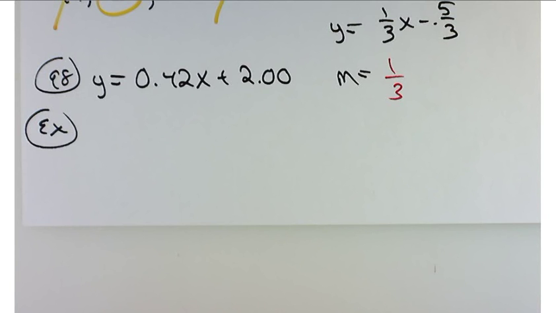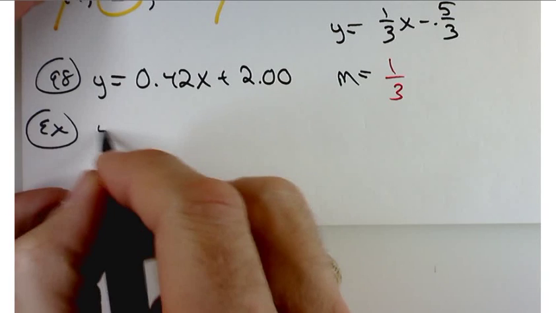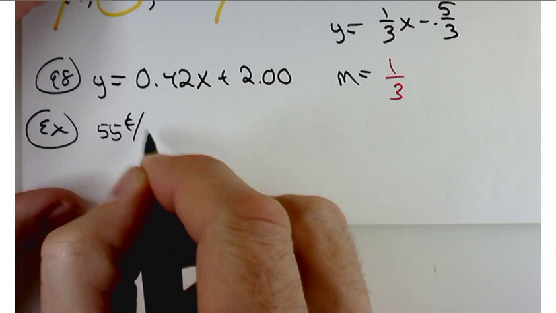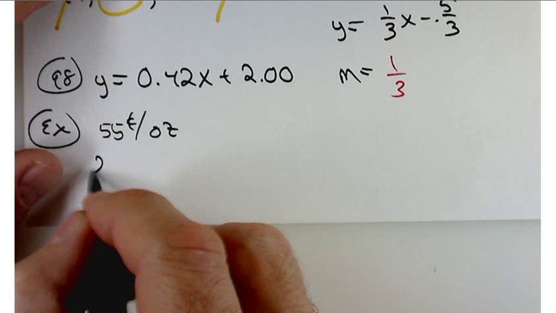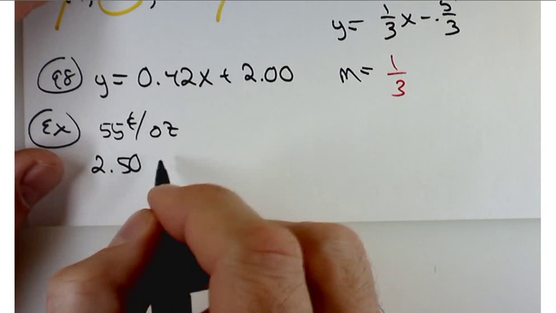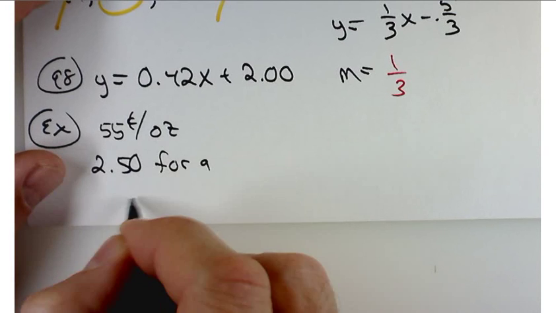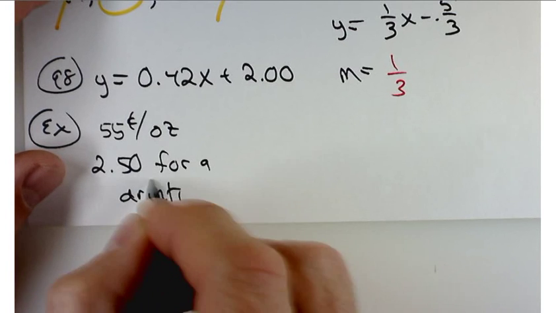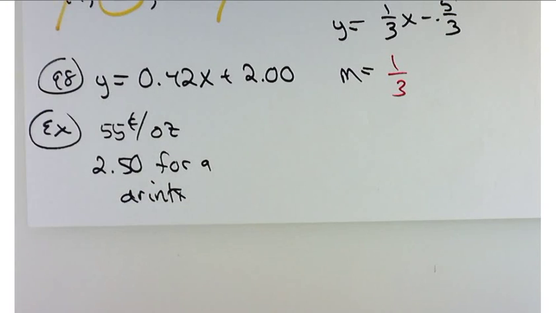Yeah, Sweet Earth. So what is it, about 55 cents an ounce maybe? So let's assume that it's 55 cents per ounce and $2.50 for the drink. So write an equation that represents that.